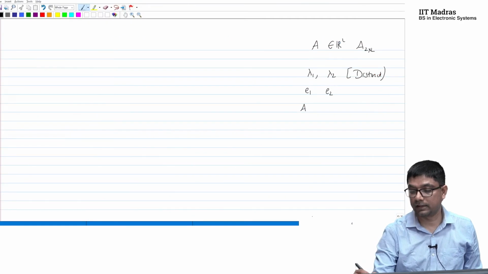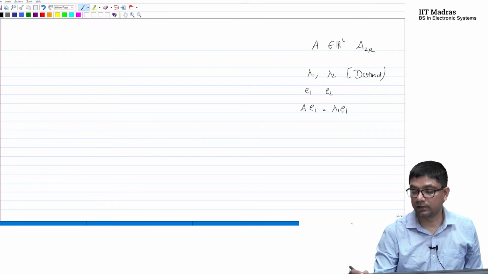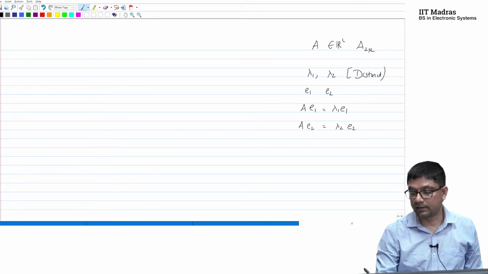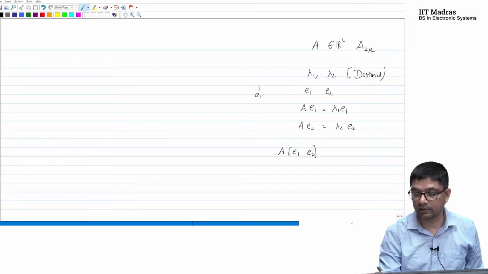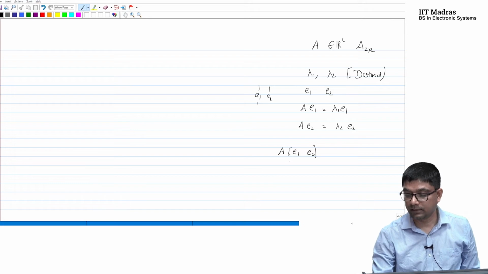Ax equal to lambda x. So A E1 is lambda 1 E1, and A E2 is lambda 2 E2. I can also write this as A times E1, E2. You see, E1 and E2 are just vectors, right? Okay, so if I stack them together, this E1, E2 will now be a 2 cross 2 matrix.